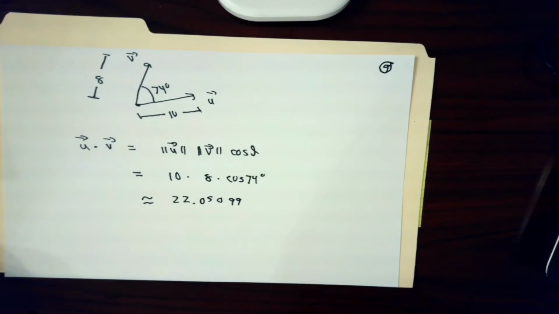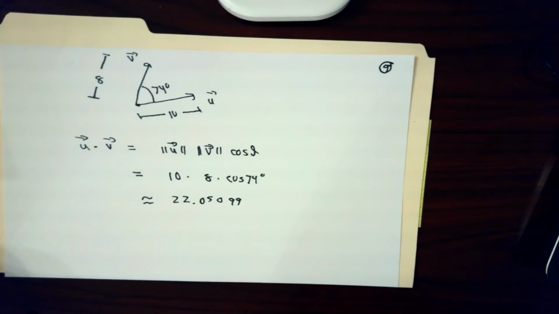For example, if I had two vectors u and v, and I measure, say with a ruler, that the length of u is 10 units, the length of v is 8 units, and then I haul a protractor out and I measure the angle between them to be 74 degrees, u dot v is length of u times length of v times cosine theta, 10 times 8 times cosine 74 degrees.